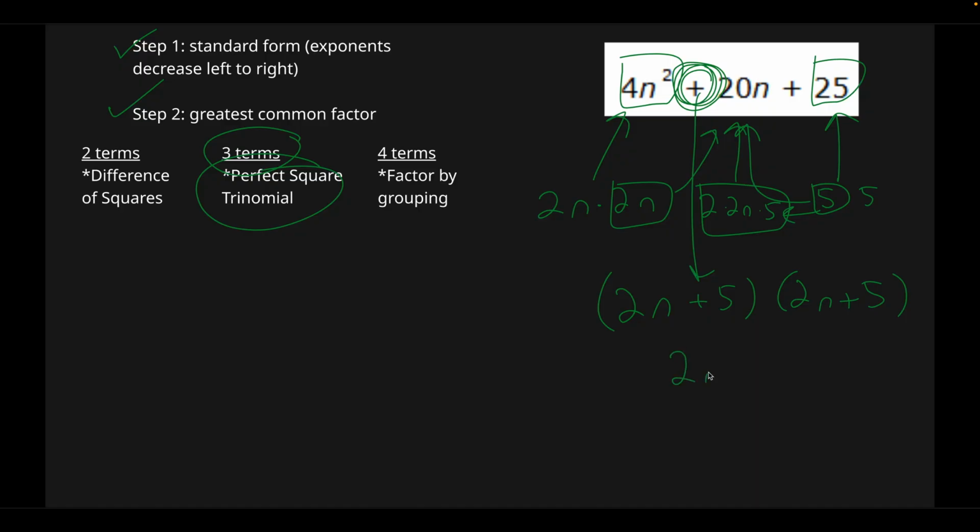We could rewrite this as 2n plus 5 squared. Also, if the problem had been like this, if there'd been a minus sign here, my final answer would have just changed to a minus sign there.